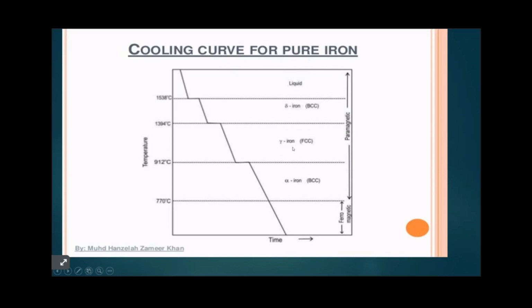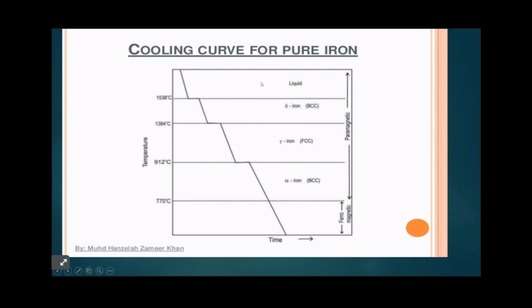Before entering the iron-carbon equilibrium diagram, we will see the cooling curve for pure iron. When pure iron is heated above 1600 degrees Celsius, it will be in the liquid stage.